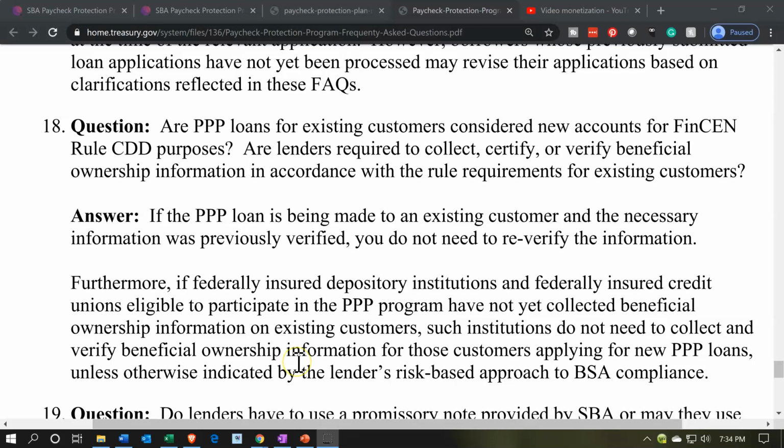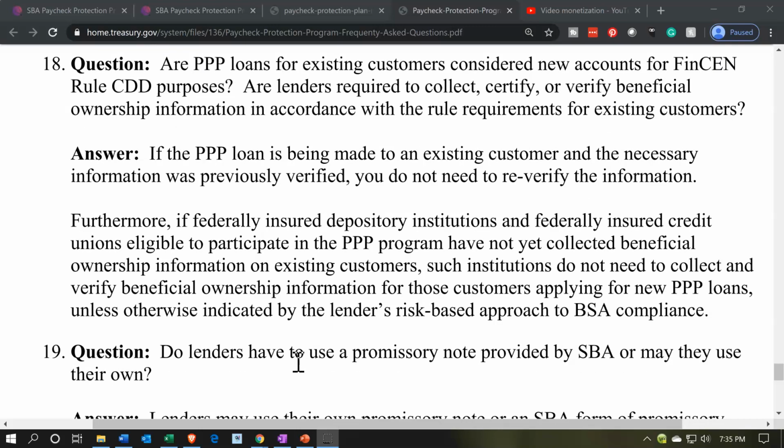So, question: are PPP loans for existing customers considered new accounts for FinCEN Rule CDD purposes? Are lenders required to collect, certify, or verify beneficial ownership information in accordance with the rule requirement for existing customers? Answer: if the PPP loan is being made to an existing customer and the necessary information was previously verified, you do not need to re-verify the information. And this may be part of the reason that some banks were able to start this process a little bit faster for customers that were already existing, because they might be able to rely on some information.